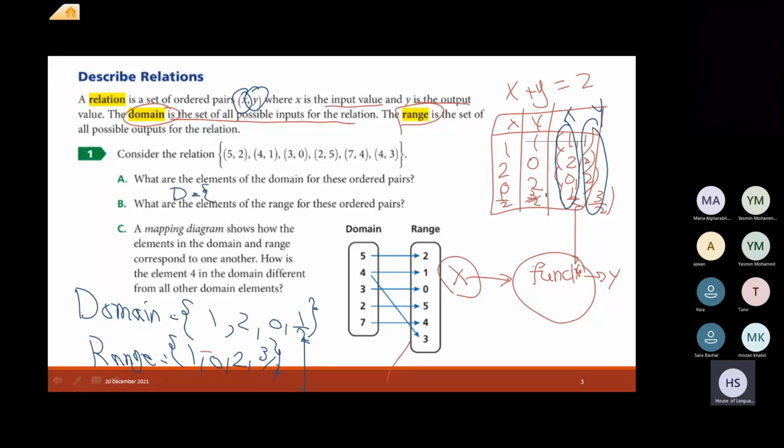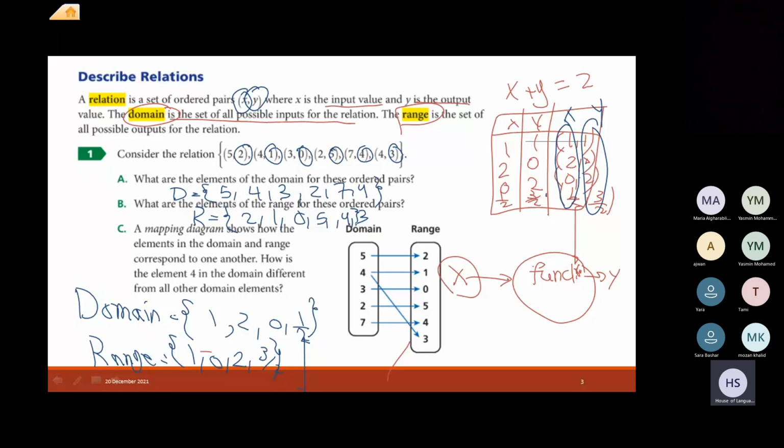Yes, Mayar, where is the domain? Bravo. Where is the range? 2, 1, 0, 5, 4.